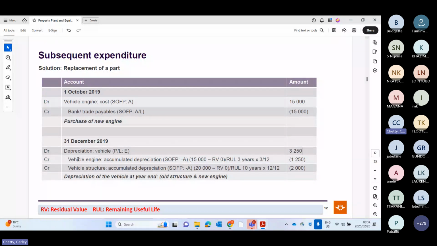Maybe you debited depreciation again with 2,000 Rand and credited vehicle structure with the accumulated depreciation. So, I mean, they both are correct. This method given in the solution will save you a bit of time, but if it makes sense to you and you feel you're less likely to make a mistake doing the other way, then that's what you can do. Okay. So this is the replacement of a part. So we impaired and depreciated the old engine, and then we removed it from our books and we recorded the new engine. Okay.